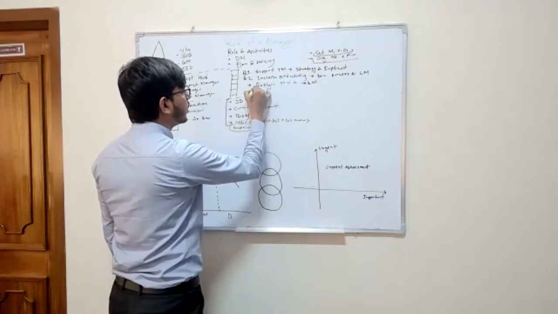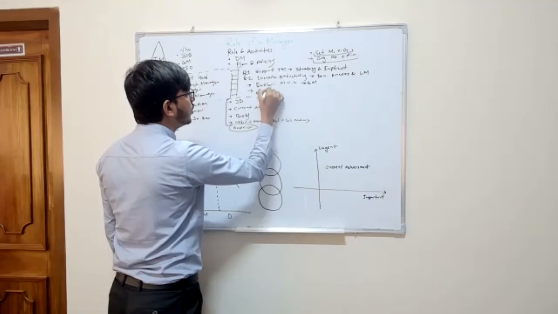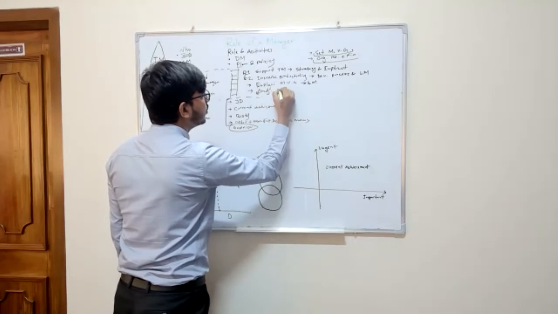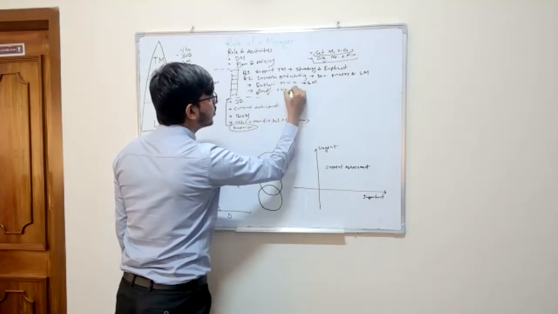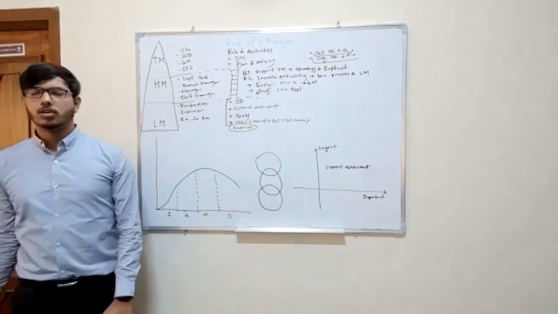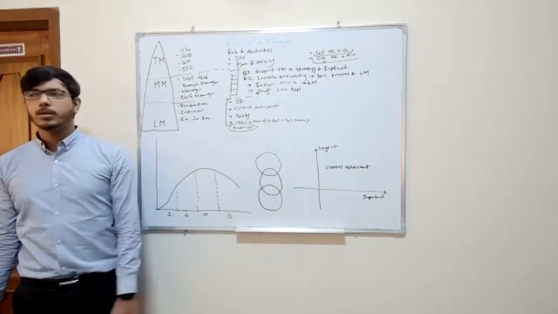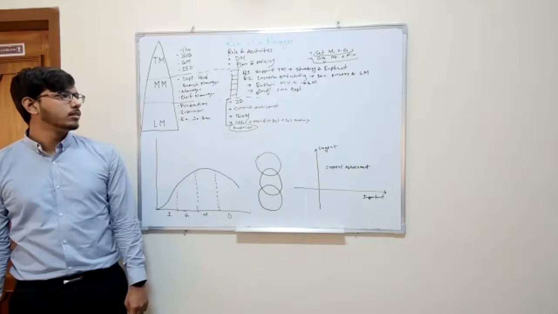But two is to organize their own department. As you know, there are many departments in an organization, so they have to organize their own department as well as their own branches.